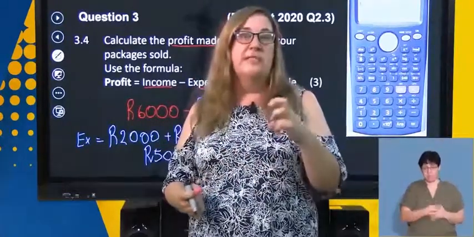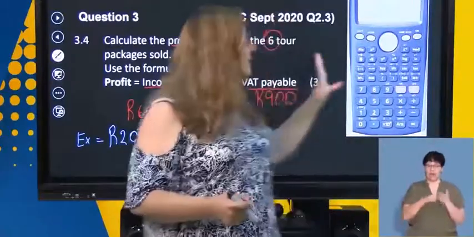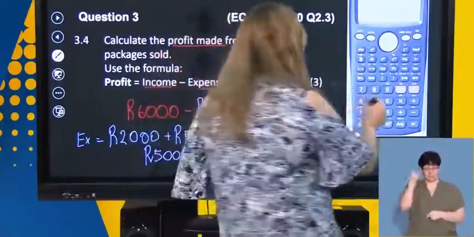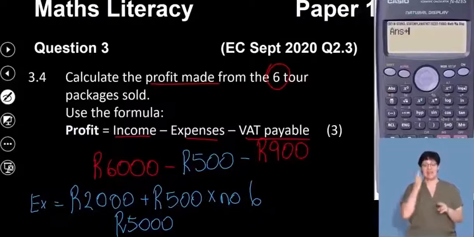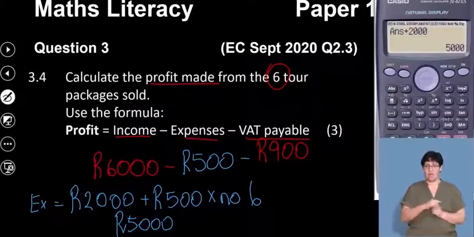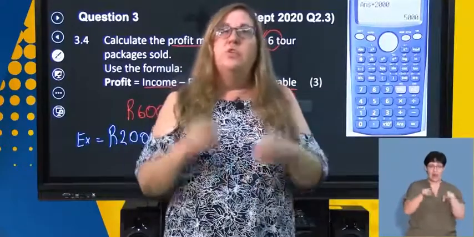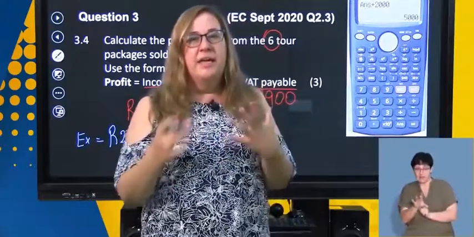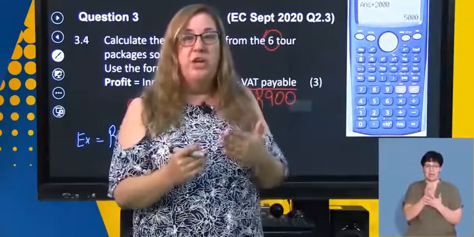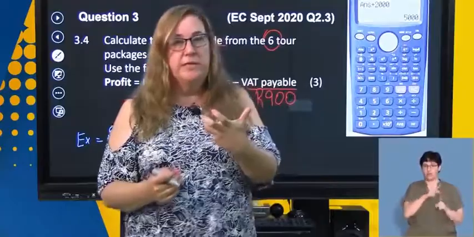If I was doing this calculation on a calculator that wasn't scientific, I would have to multiply first my 500 times my 6, get an answer, and then add my 2,000 Rand. Just press equals in between the little things that you want to do. It'll make it easier, and hopefully you won't get a calculation error because of the tools that you're using.